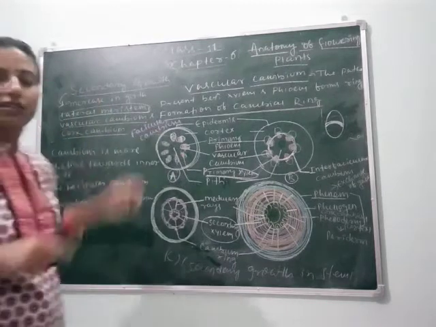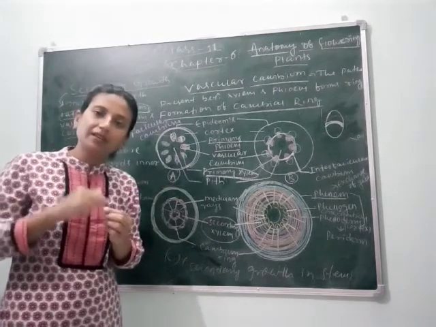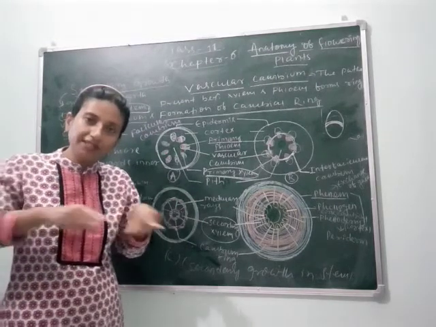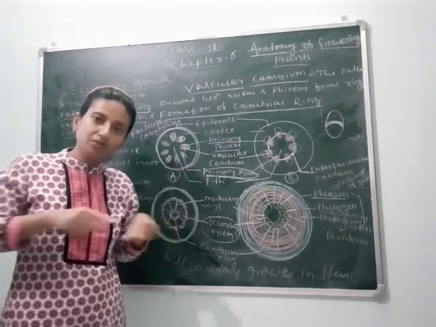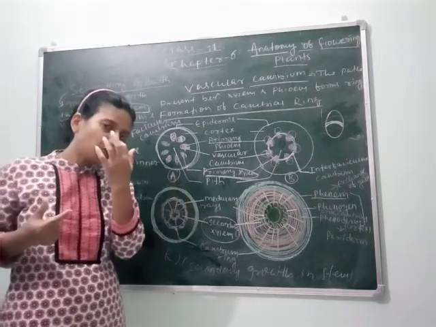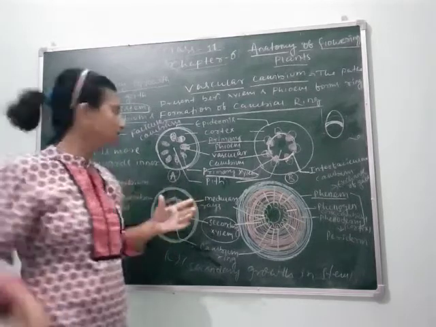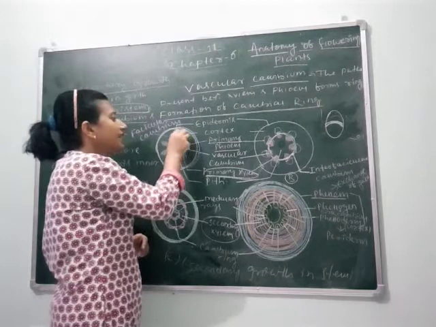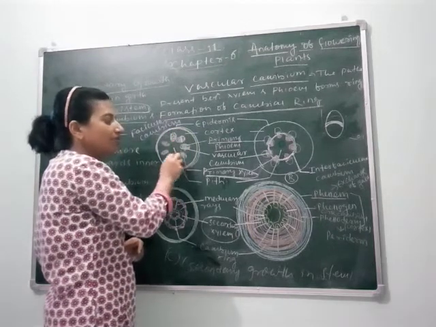If we cut the transverse section of a stem, we can see the secondary growth. Secondary growth means growth of the radius. Clear? Growth of the radius means growth of girth. How does this growth occur? Radial growth occurs. Here the vascular bundles are arranged in such a way that the cambial ring is formed.